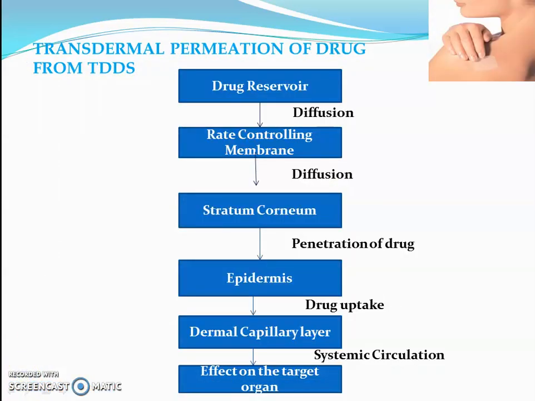Now, transdermal permeation of the drug from the drug delivery system. How may the drug be transported from the drug delivery system into the systemic circulation via the skin? Initially the drug is present in the drug reservoir in the transdermal drug delivery system, and it diffuses into the rate controlling membrane.